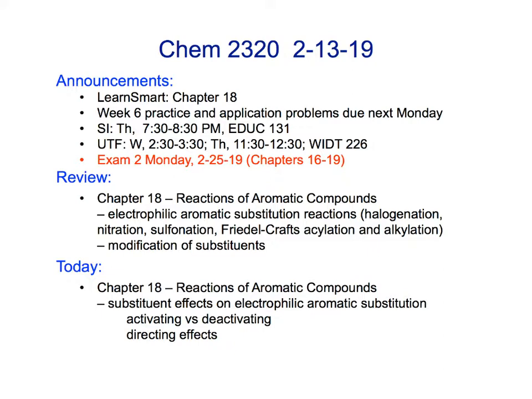We can have groups that are ortho, meta, or para. And so maybe this certain group will direct the second group to a specific position. Okay? So those are the things we need to now talk about. All right, let's do a clicker first, though.